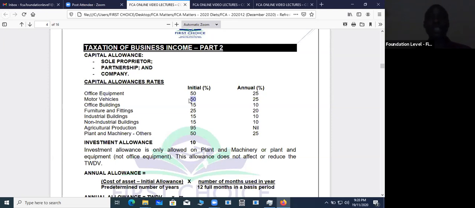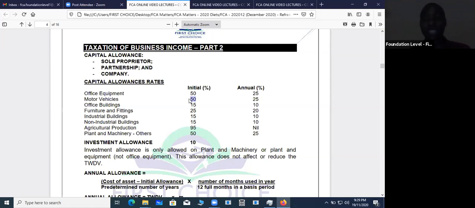Prorating means you say 10 months out of 12 months multiplied by 12 million naira. That will give you 10 million naira. If you use it for 1 month, 1 million. But when it comes to initial allowance, we don't prorate. We give the full allowance in that year.